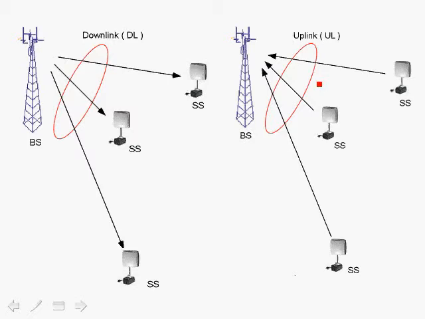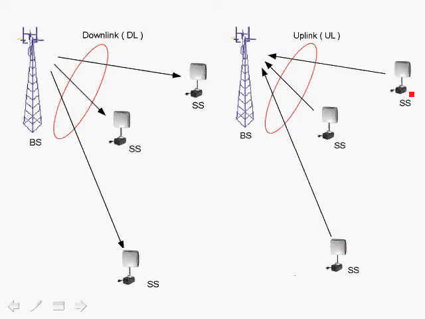So within a network like this, we will have to provide a mechanism for power control. By power control, we mean that the base station has to communicate somehow with the subscriber stations and adjust the subscriber station's power level such that they are received properly at the base station.